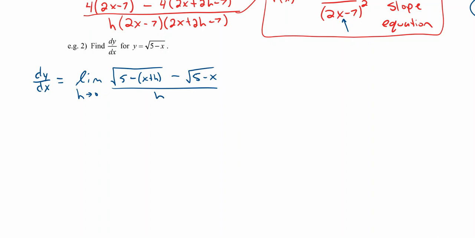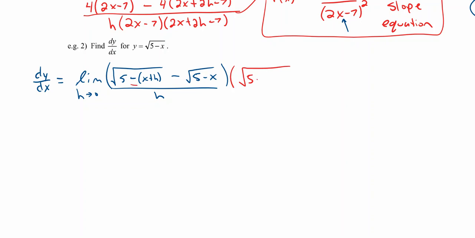Okay, so now in this one, instead of writing another line with simplifying this up, I think we're okay just to do that part in our head, right? That'd be 5 minus x minus h, right? So I'm just going to multiply the top and bottom by the conjugate pair, right? I'm going to rationalize the numerator here. So this would become the square root of, and then I'm going to write what that simplified would be, okay?